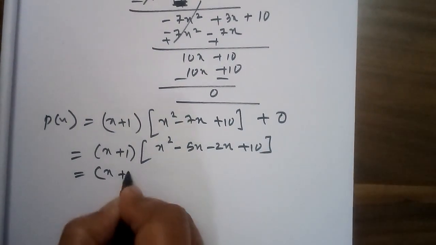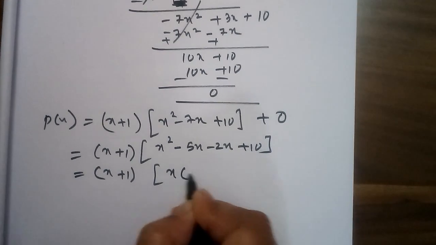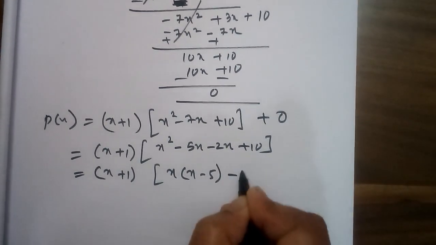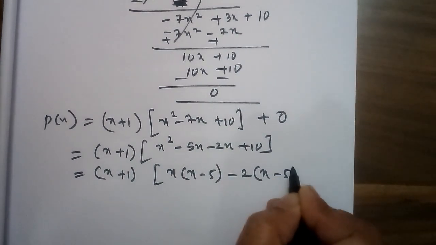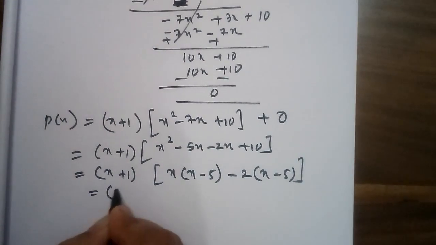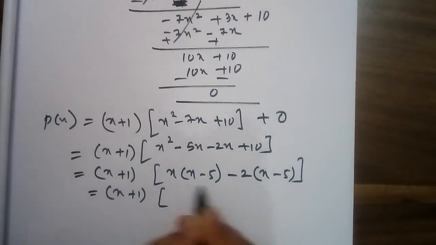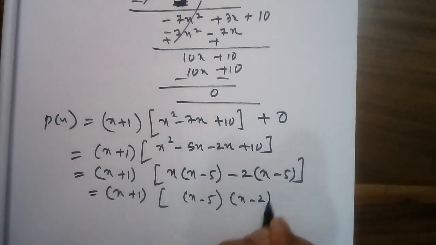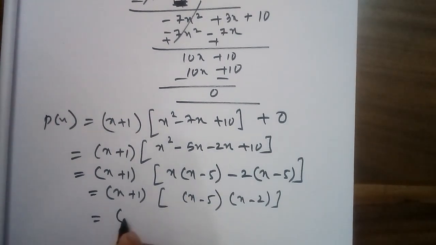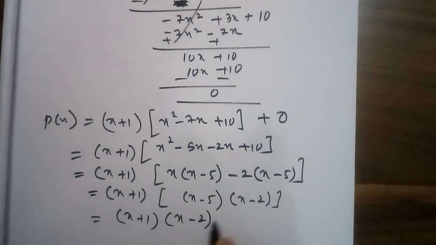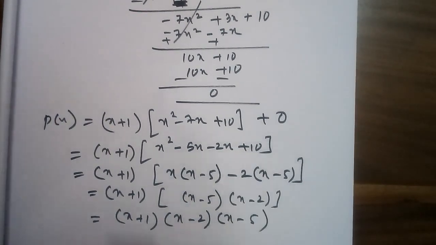I get x into x minus 5, minus 2 into x minus 5. Here I take out x minus 5 common. I get x minus 2. So my final answer becomes x plus 1, x minus 2, x minus 5.